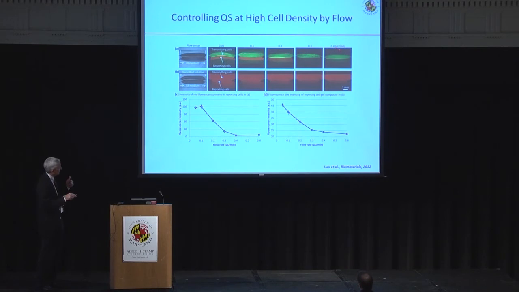At the highest flow rate, these are making autoinducer 2, but what's happening is the media, which has no autoinducer 2, it's just fresh media, runs through this gel, this hydrogel of cells, and this effectively dilutes out that autoinducer 2, so those cells no longer respond. And so the concept here is that in a system, you can control the bacterial quorum sensing behavior, which is a collective behavior, by just controlling the flow rate of a media that has or does not have that autoinducer.